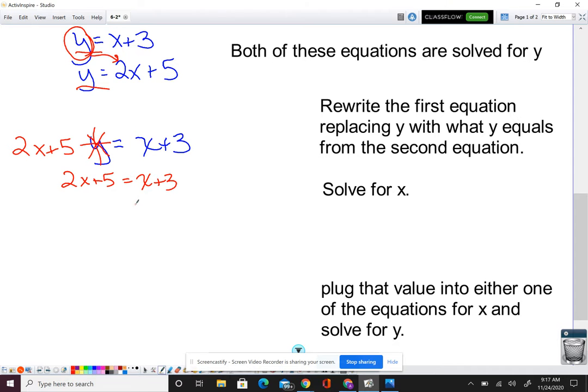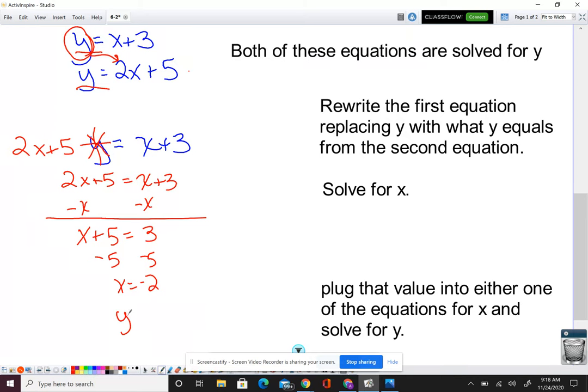And then from there, I'm going to go ahead and subtract my x's. I get x plus 5 equals 3. Subtract 5 from both sides and get x equals -2. So I solved for x. Now that I have my answer for x, I'm going to take that and plug that into one of the equations up here.